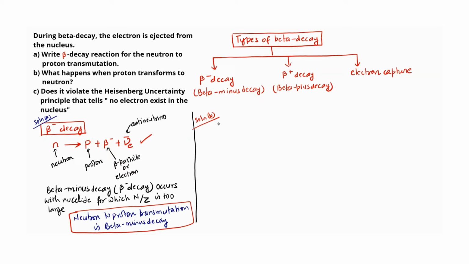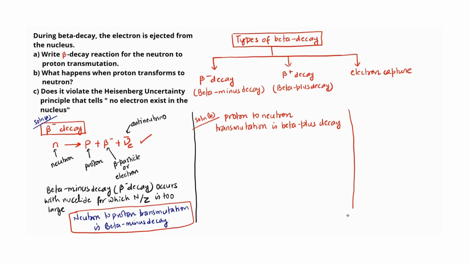So I'm writing over here, proton to neutron transmutation is beta plus decay. So we have this.